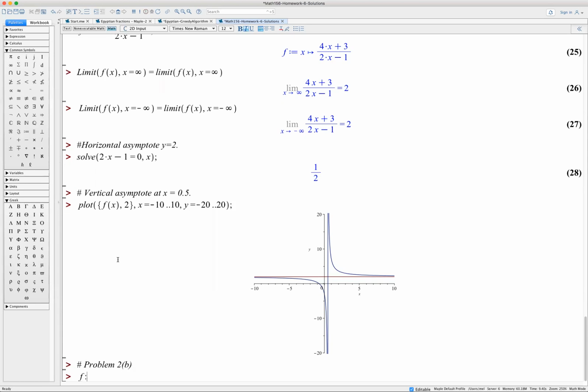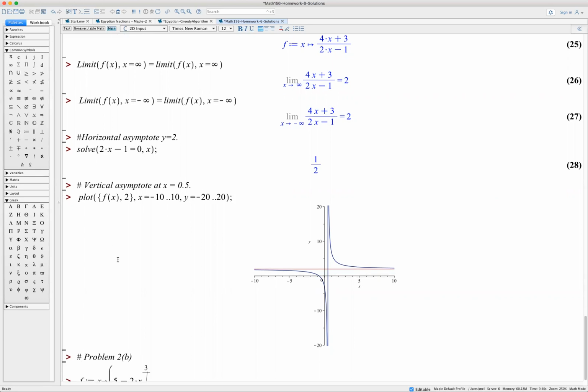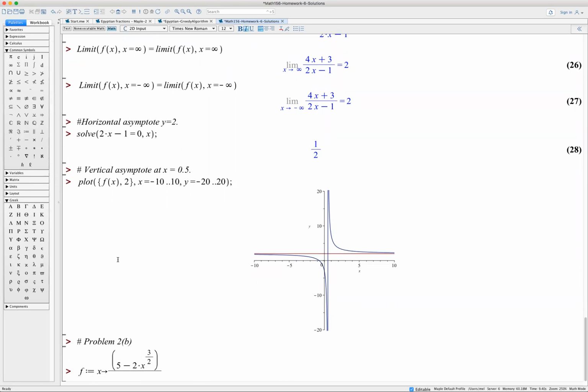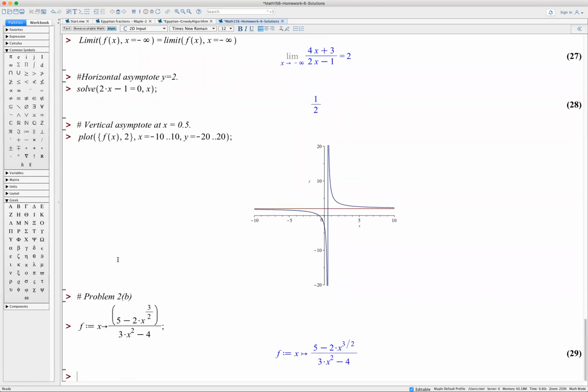So here my function f is x goes to 5 minus 2 times x to the power 3/2 divided by 3 times x squared minus 4. Oops, yeah, okay. What does it look like? Plot f of x.